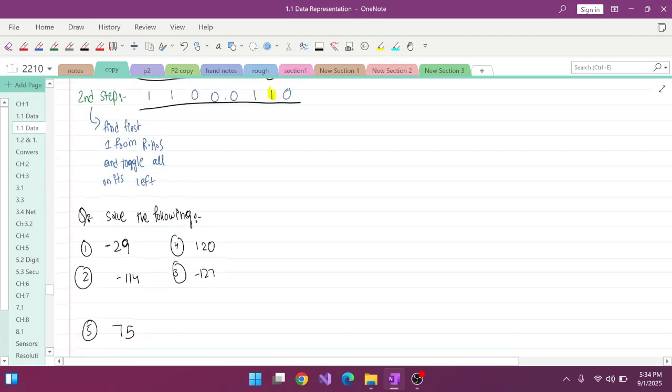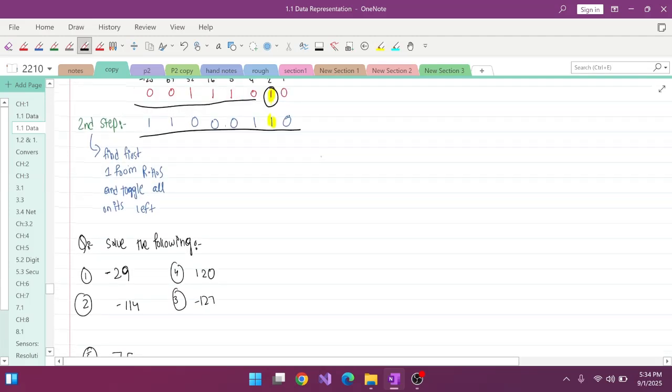But if there is a question like negative 114, I will solve this using both the shortcut and the long method. For the long method, the first step is to ignore the negative and convert into positive using simple conversion.